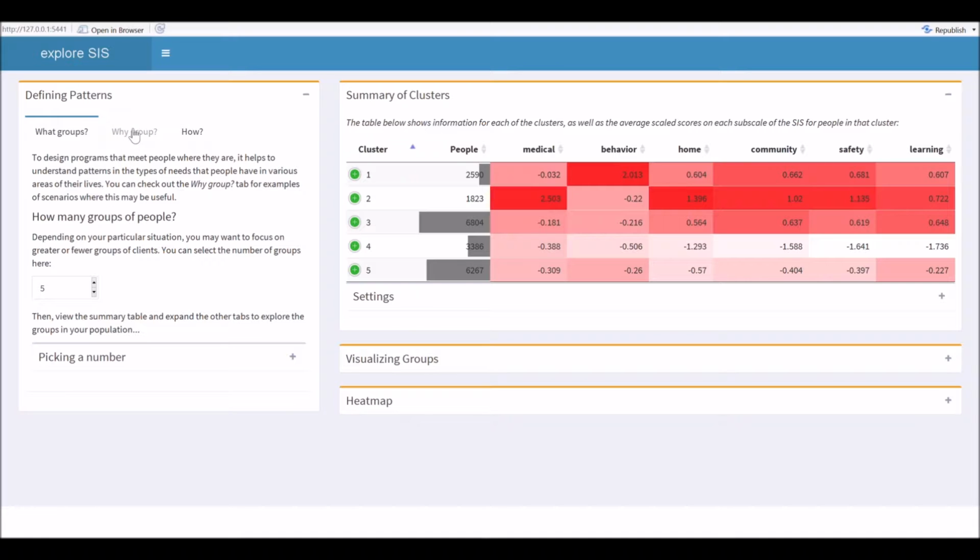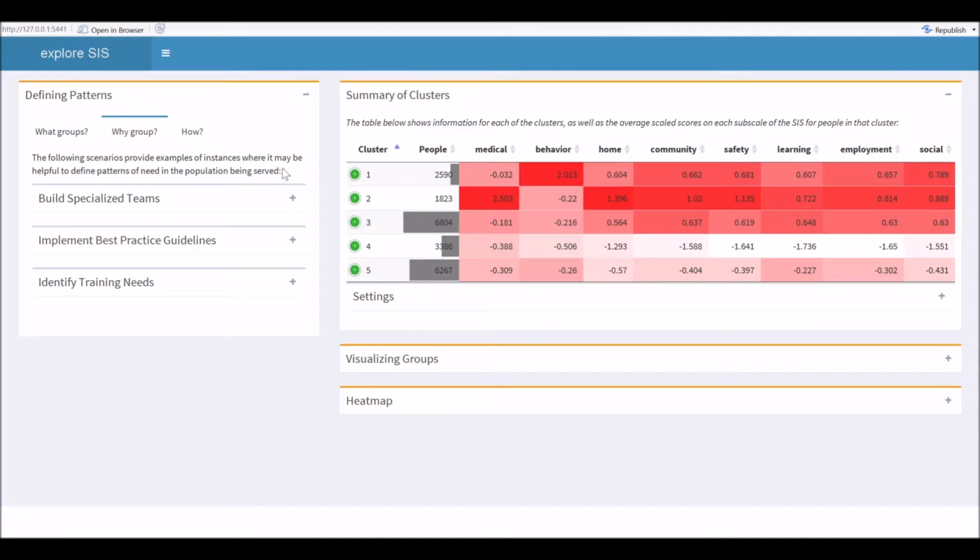So let's backtrack just a second. You might have multiple reasons for asking this question, and this actually gets back to some of the places where we were asked this question, which is why this analysis was created. We have tried to identify some example case studies or use cases for using this kind of analysis. One example might be you want to build a specialized team.